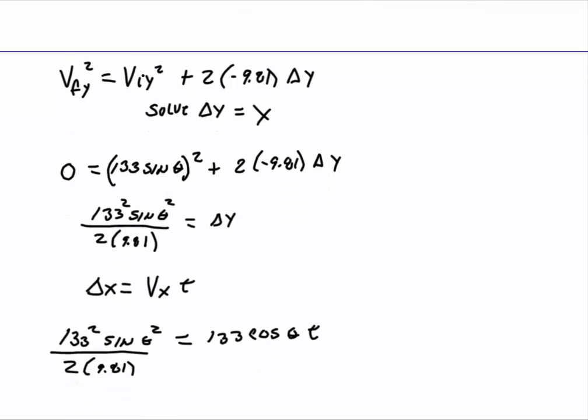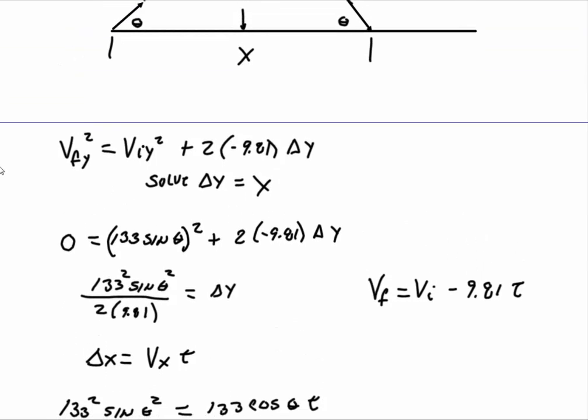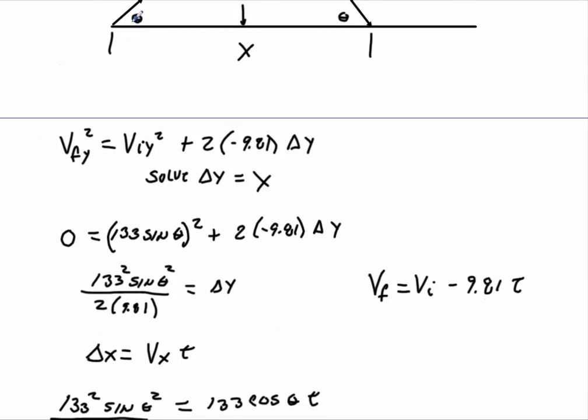We can get that by going back to our kinematic equation, that Vf is equal to Vi minus 9.81 times t. If the object's initial velocity going up is 133 times the sine of theta, then coming down it has to be negative 133 times sine of theta.